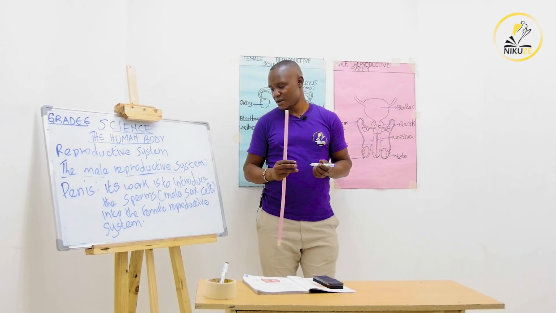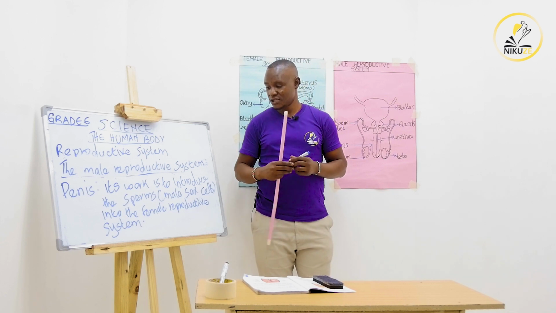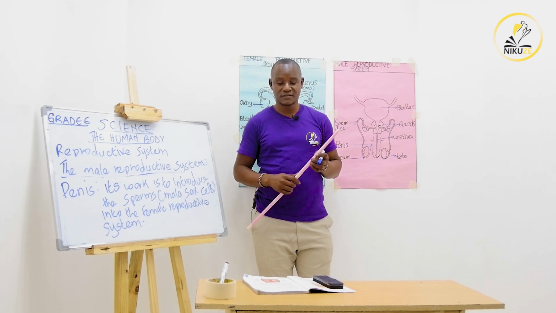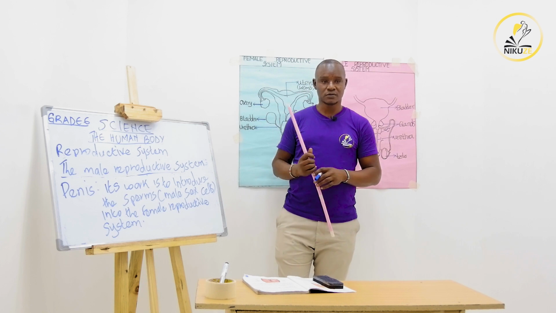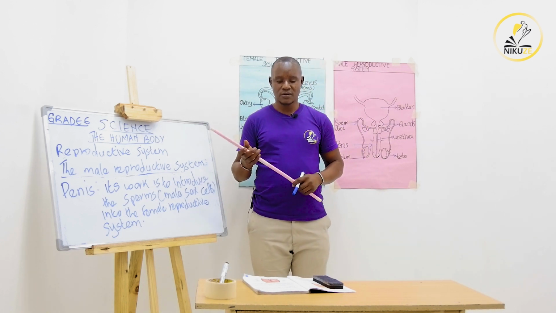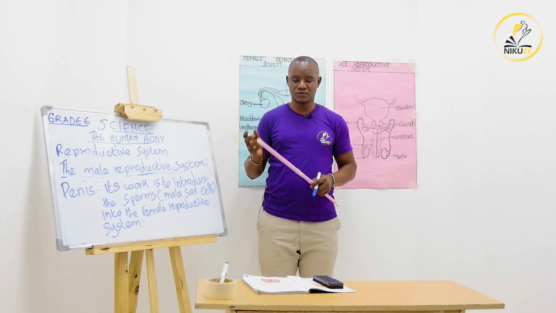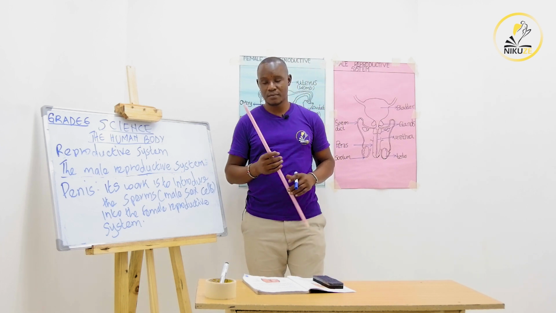To introduce the sperms, which are the male sex cells, into the female reproductive system. And then we also talk of it, it allows all sperms and urine to come out through the body.